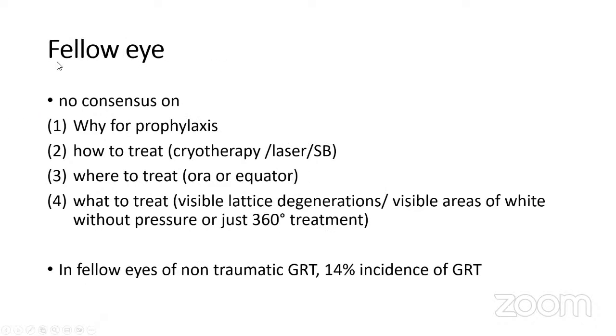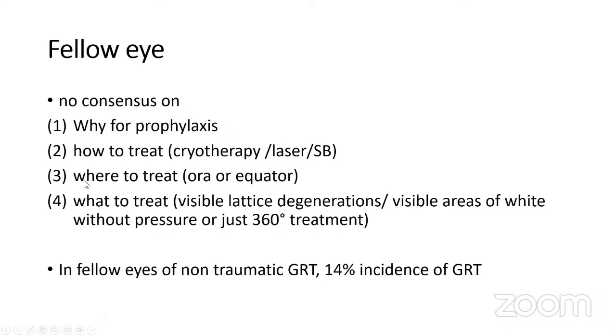For the fellow eyes, to date there is no consensus on whether we need prophylaxis or what type we should offer, whether cryo, laser, or scleral buckle when we see abnormal vitreous adhesion or white without pressure.